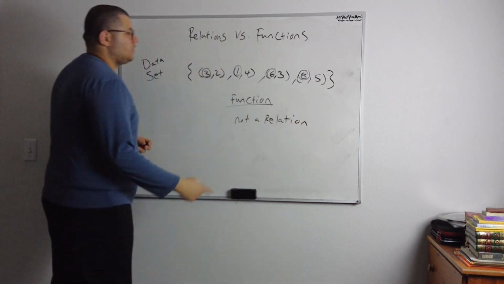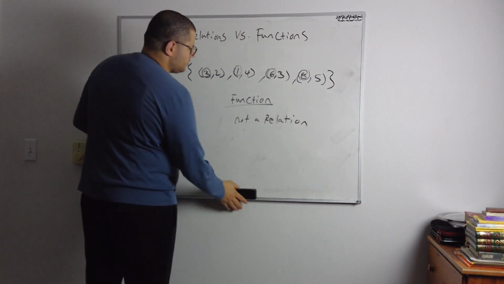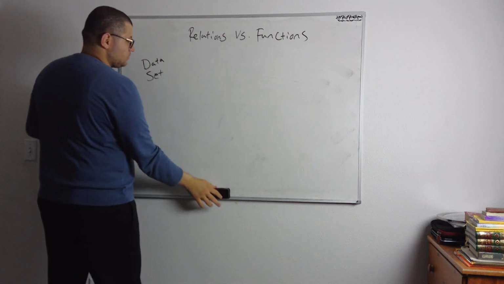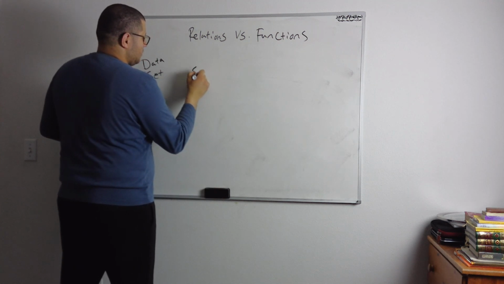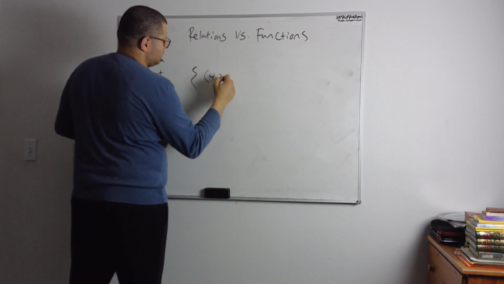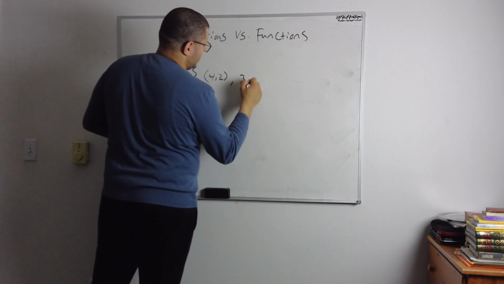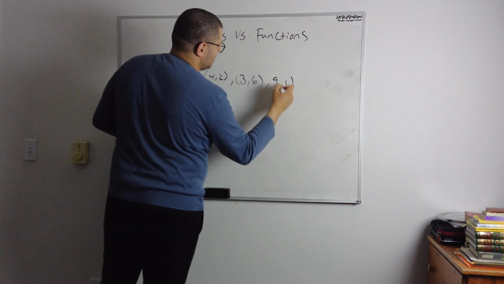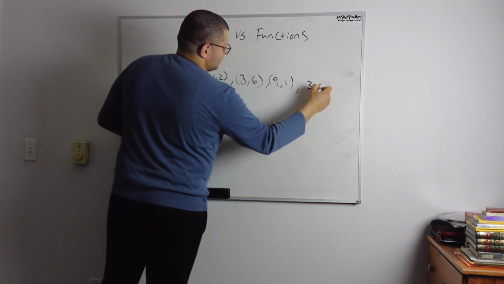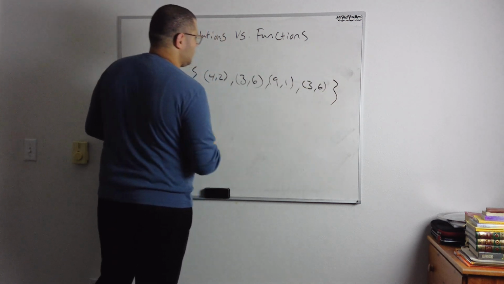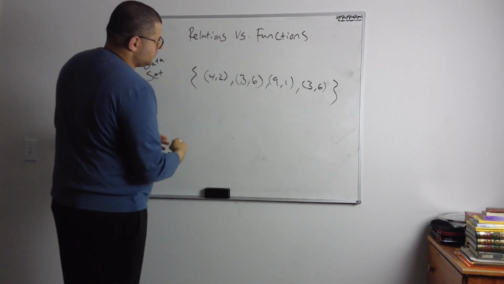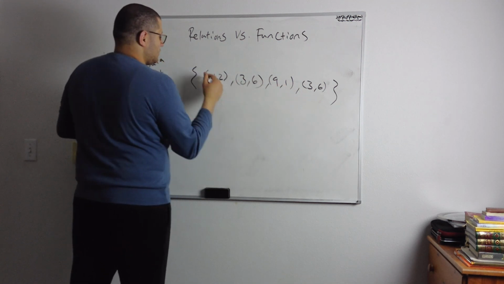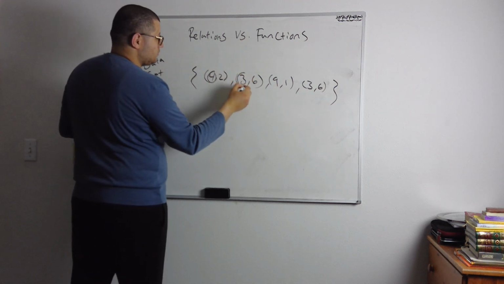Let's look at another example. So you have (4, 2), (3, 6), (9, 1), (3, 6). We have a different dataset with 4 coordinates. Let's circle each x value like we did before.